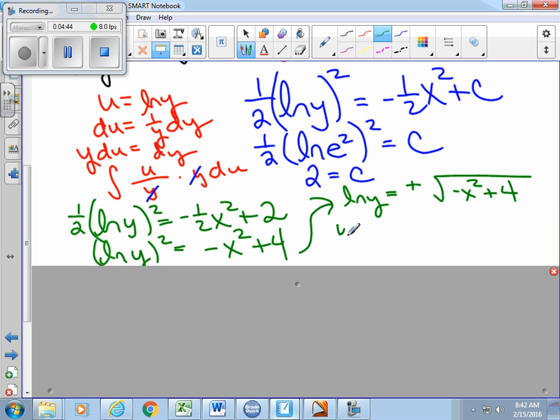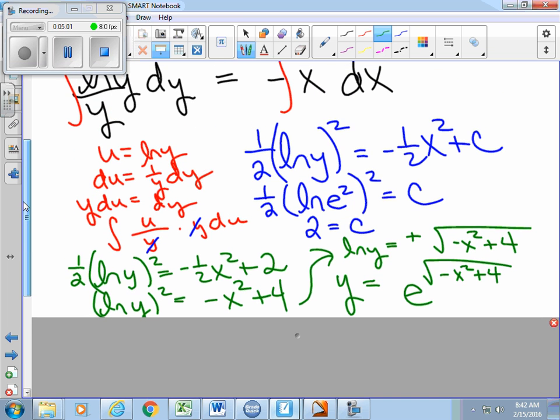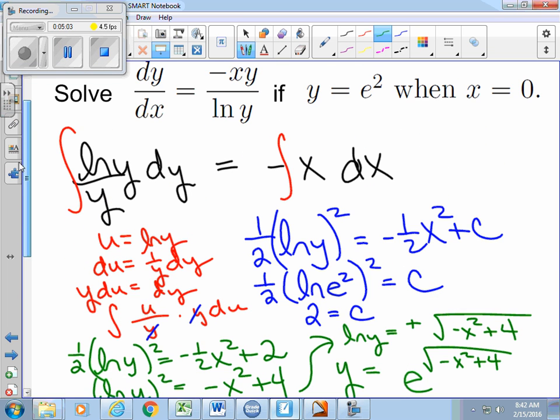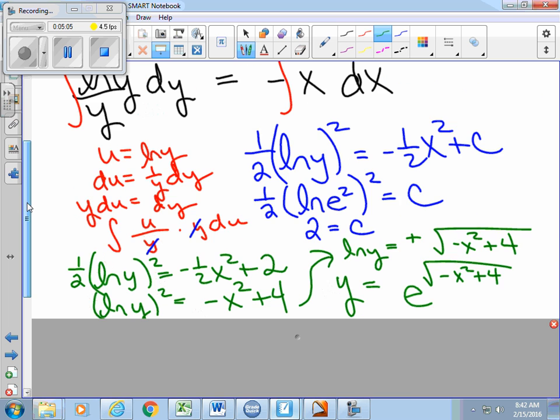E raised to both sides. And you could have made that decision later, but I'm just going to go ahead and make the decision when I have to do a plus or minus. So that is my equation. I have my differential equation and I have my solution.